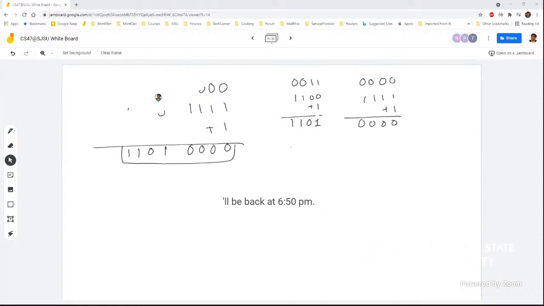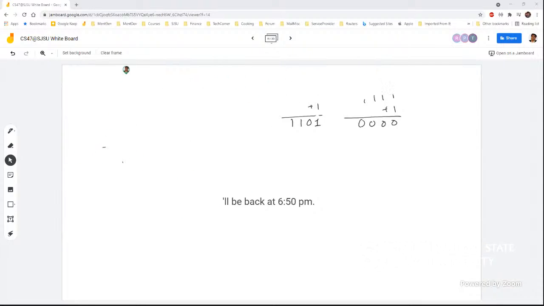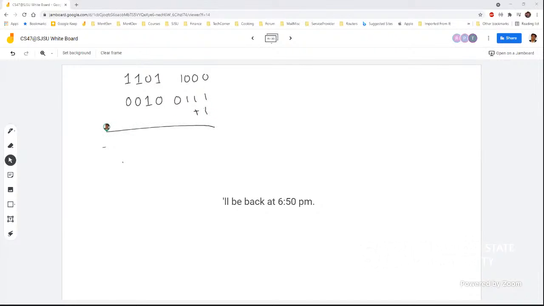So let's take this bit pattern. 1101 and 1000. So its 2's complement would be 00100111 plus 1, which will be 00010100. This is if you do the complement of 8 bit together.